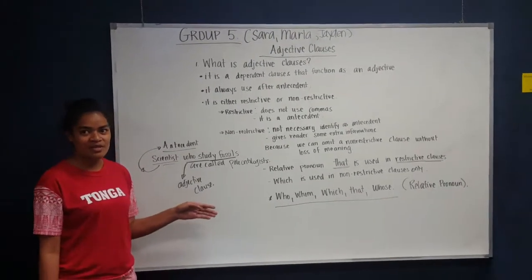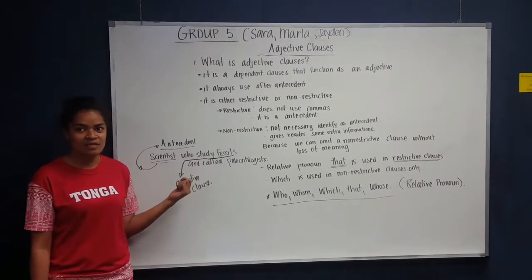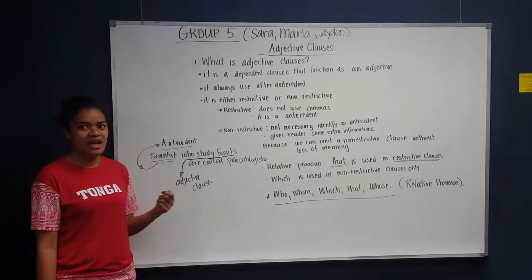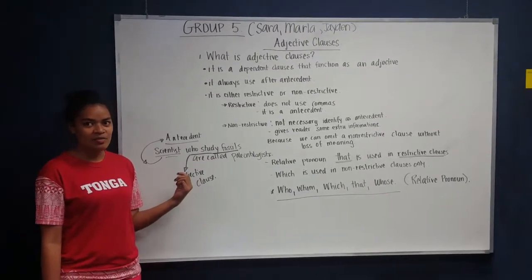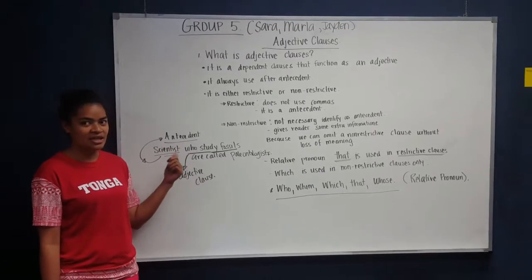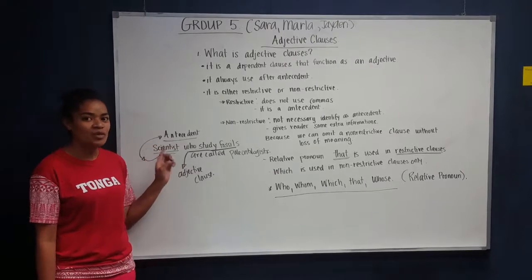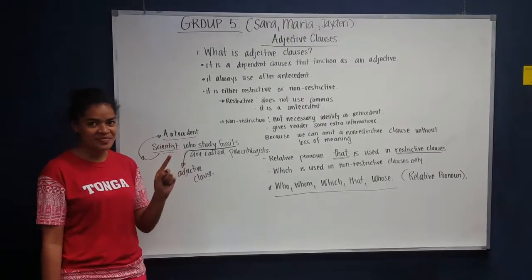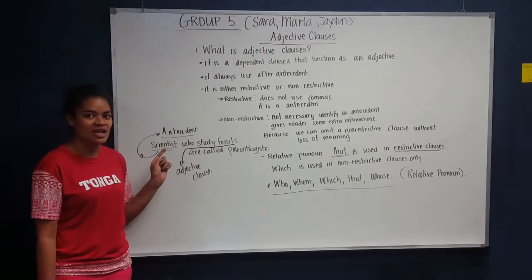Relative pronouns and adverbs. Adjective clauses start or begin with a relative pronoun or relative adverb. For example, the relative pronoun "that" is used in restrictive clauses only, and "which" is a relative pronoun used in non-restrictive clauses.